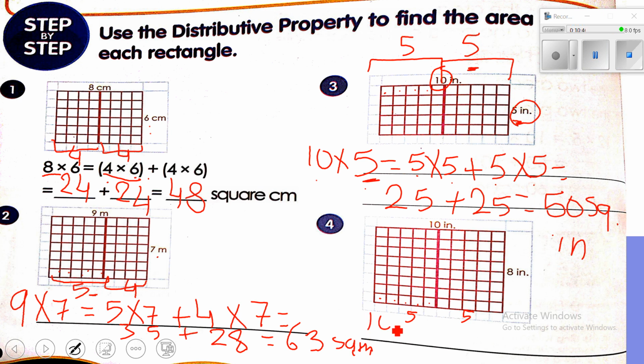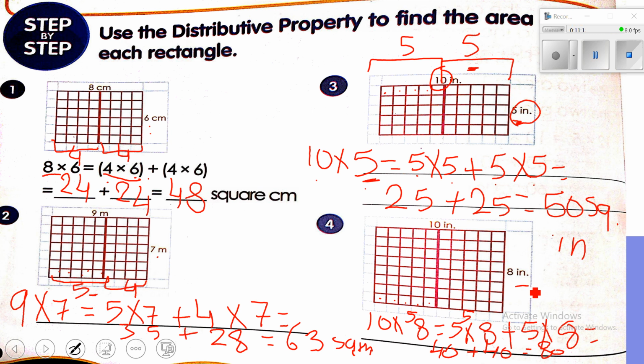It's 10 multiplied by 8 equals two numbers that I have here, which is 5 multiplied by 8 plus the other part, also 5 multiplied by 8. 5 multiplied by 8 is 40 plus 5 multiplied by 8 is 40. 40 and 40, the answer is 80.